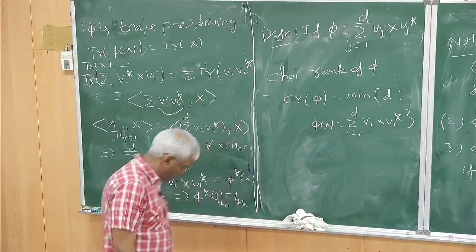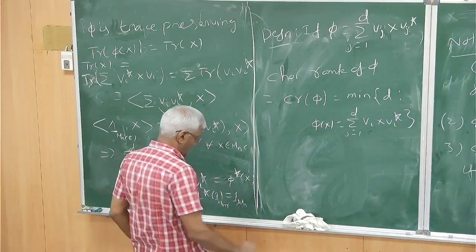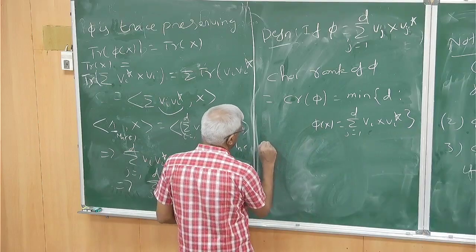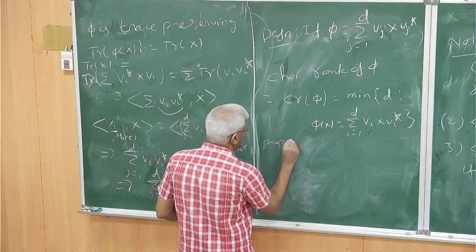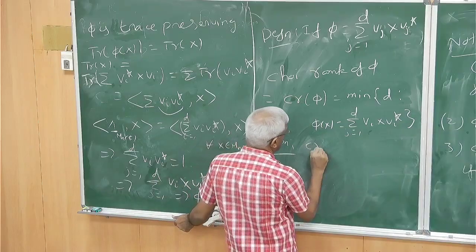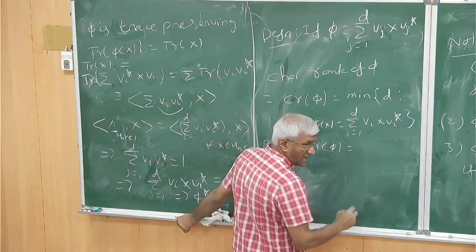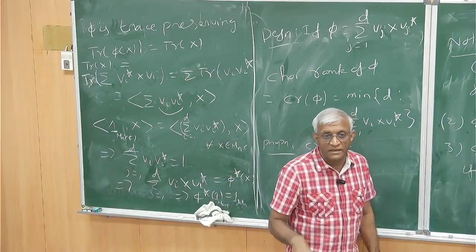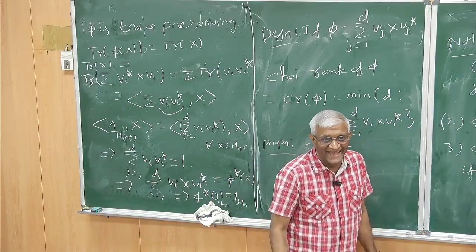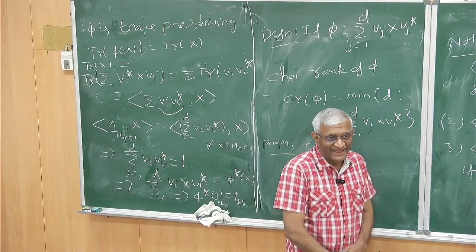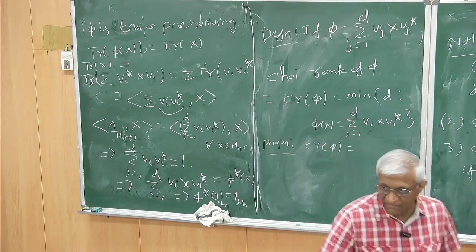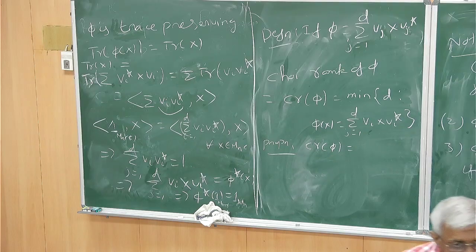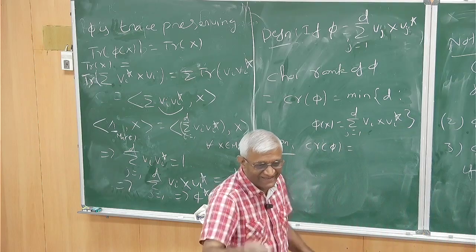Okay. Okay. So now the theorem is proposition is the Choi rank of phi is exactly equal to, you brought something. Yeah, a rat or something came with you inside. You open.